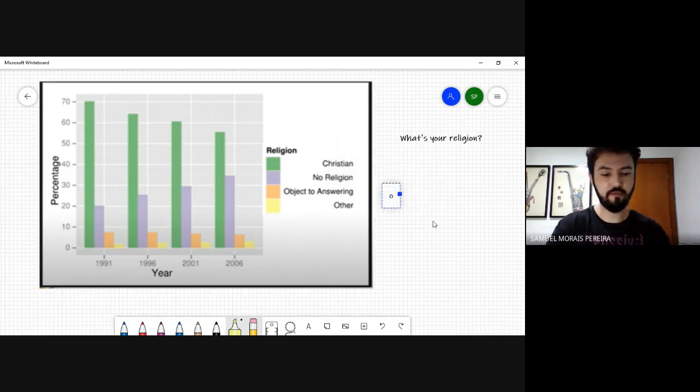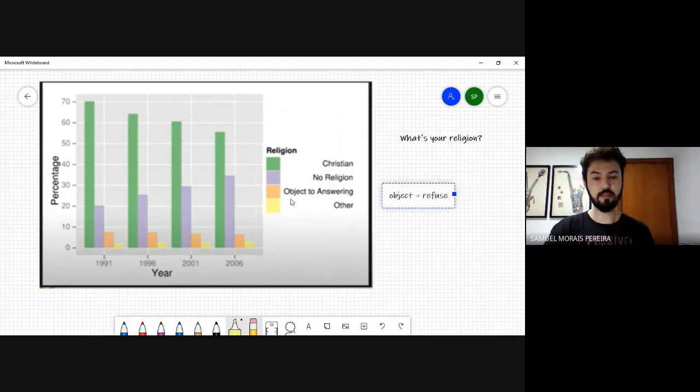Object is the verb refuse, okay? Object is the same as refuse. Recusar. So object to answering quer dizer que essas pessoas aqui in orange, they refused to answer the question. Se recusaram a responder. And then the yellow bar here represents other religions which are not Christian, okay?